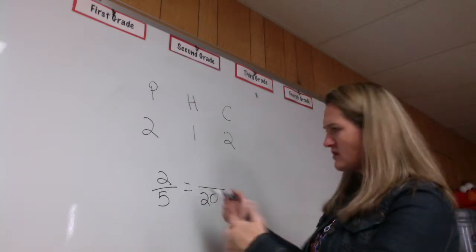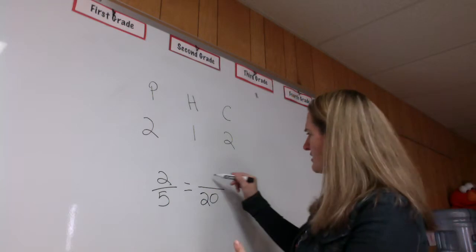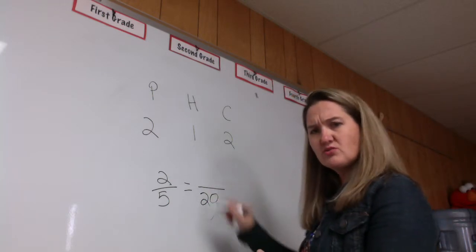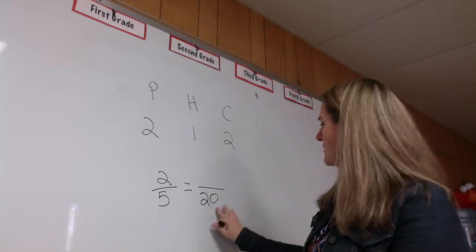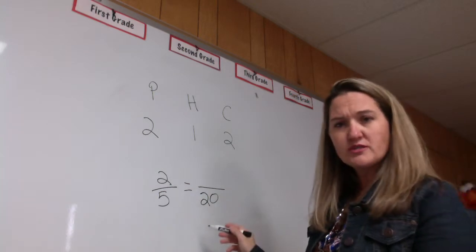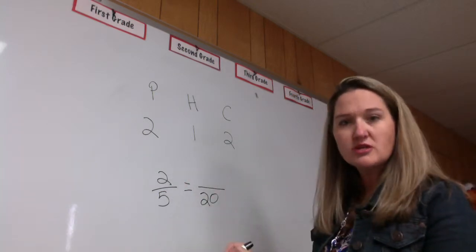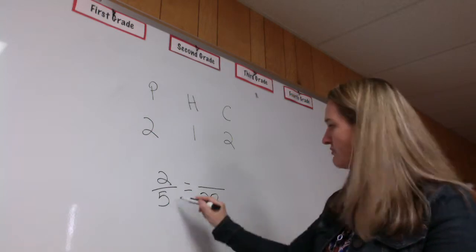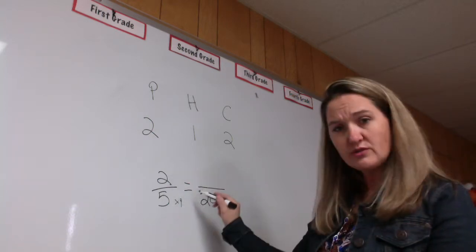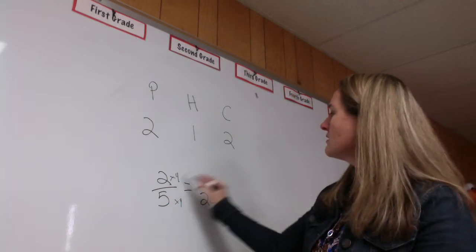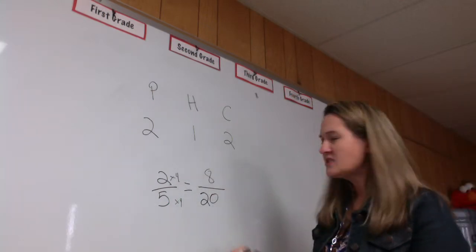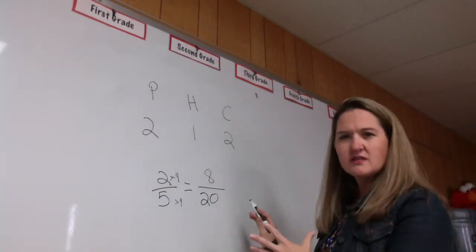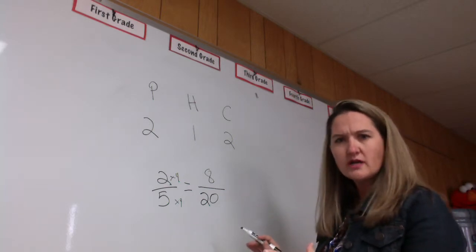In this case, we know how to solve proportions. We've done the cross products, but we don't need to do cross products here, do we? Because we know 5 goes directly into 20. So we do 5 times 4. So then what do we do to the 2? 2 times 4. So that tells me chances are 8 kids out of the 20 are going to like pepperoni.